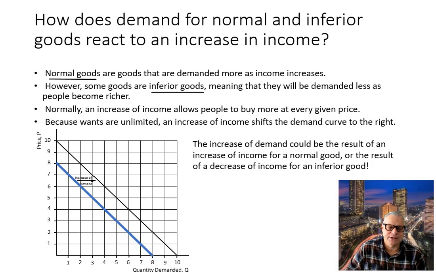So if you become poorer, then you also would demand more instant noodles. But let's not hope that this is the case. Okay, but I hope it's clear the difference between normal and inferior goods, and how income is a determinant of demand.